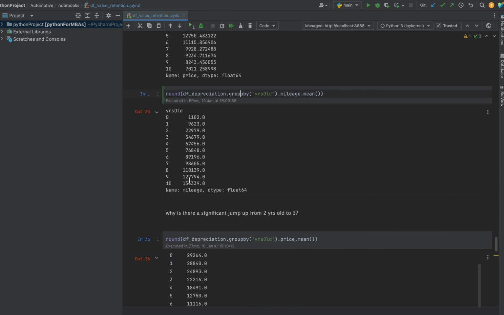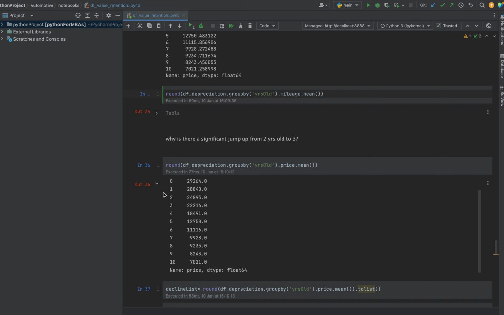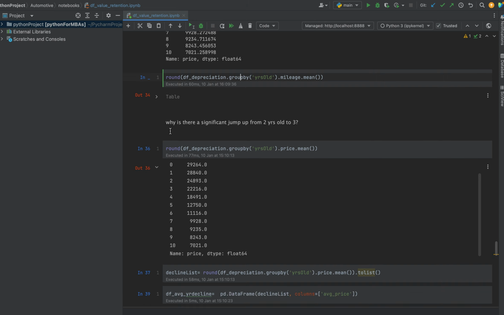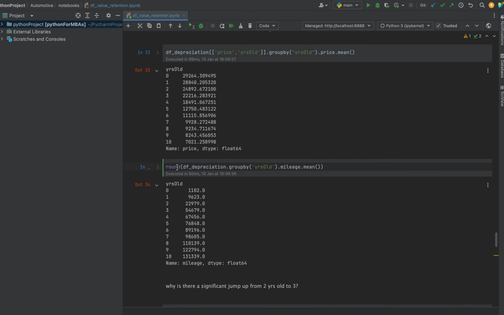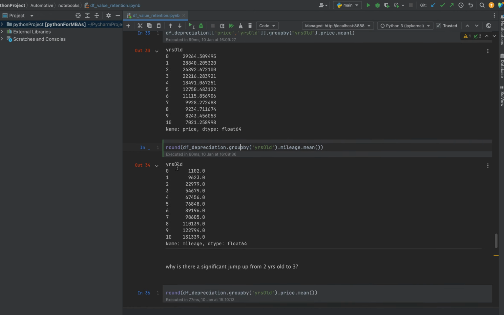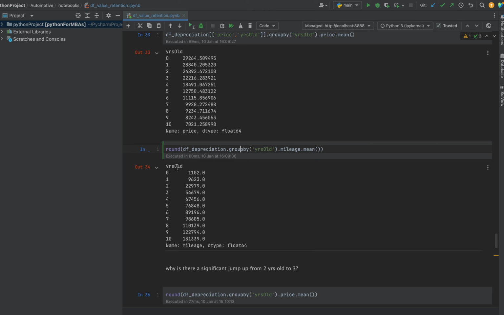Okay, so that's mileage. That's why it's not that interesting. All right, so here it is. Oh yeah, okay, now I remember why I did this. The reason was to look at patterns of how much the mileage changes year over year.